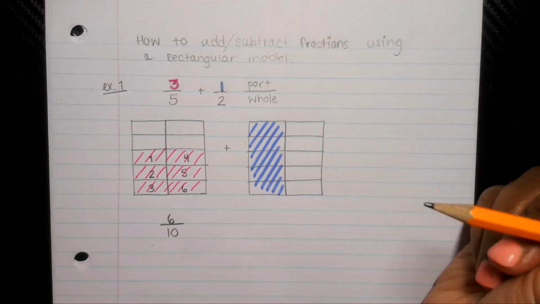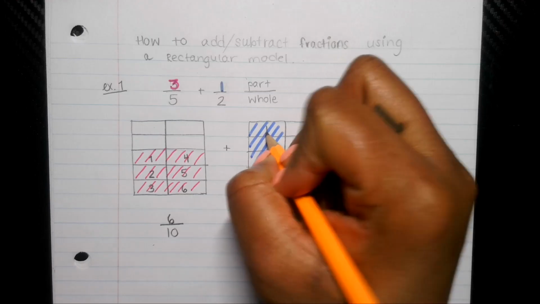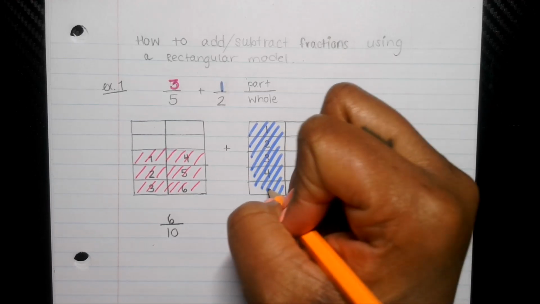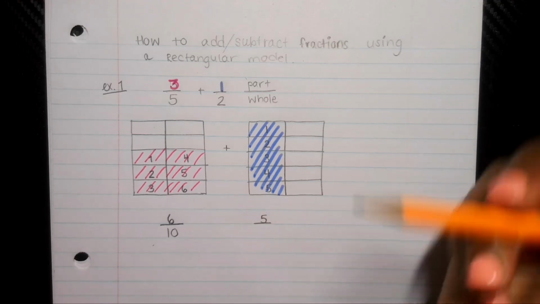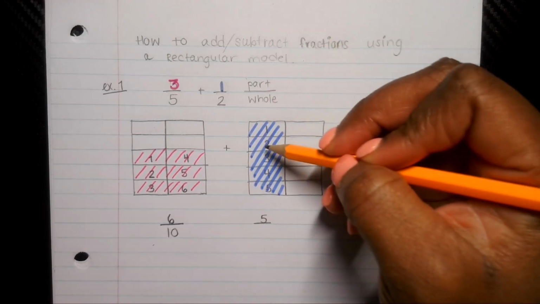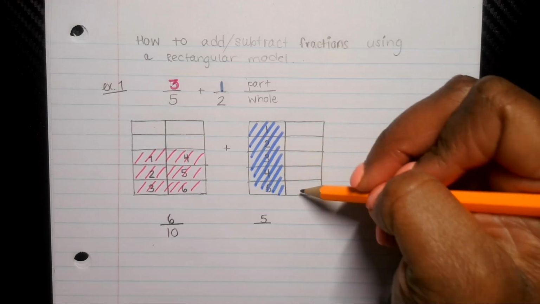We're going to do the same here. We have 1, 2, 3, 4, 5 that are shaded out of a total of 10. We acquired the 10 the same way: 1, 2, 3, 4, 5, 6, 7, 8, 9, 10.